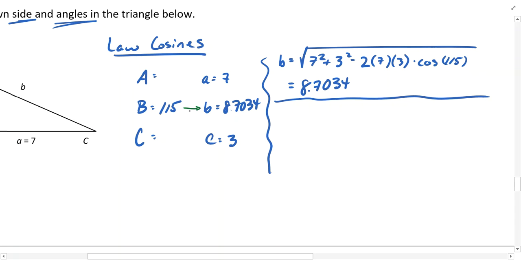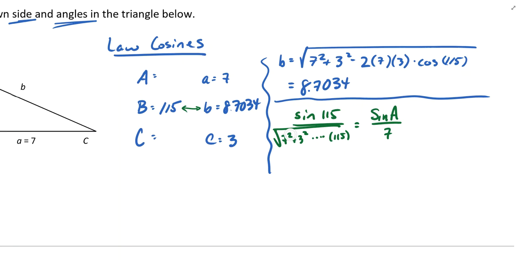Now for me, I recognize that these two measurements that are diagonal from one another would be sufficient for us to change to the law of sines to solve for angle A or angle C. So here's the expression set up, and what I'd like to point out is that we're rounding our result from before to 4 decimal places, and we may lose some accuracy. If you're concerned about precision in a problem like this, you can actually write the entire expression that was used to calculate b from before inside of this expression, and there would be no loss in accuracy.